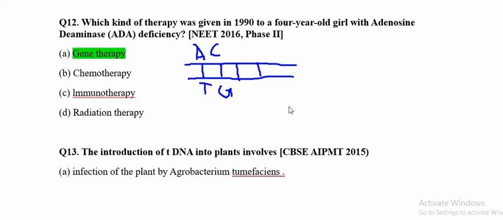Sometimes some mispair occurs due to errors. This is a normal base pairing: adenine pairs with thymine, cytosine pairs with guanine. Sometimes a mispair occurs due to some error in the genetic makeup. Such as adenine has to pair with thymine, but instead it pairs with guanine.